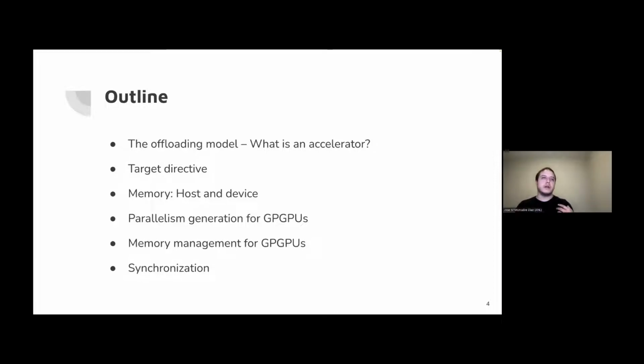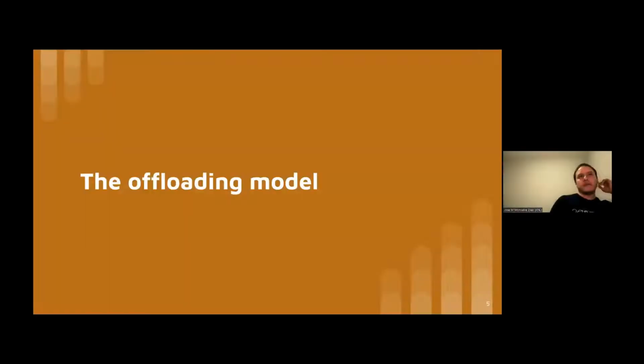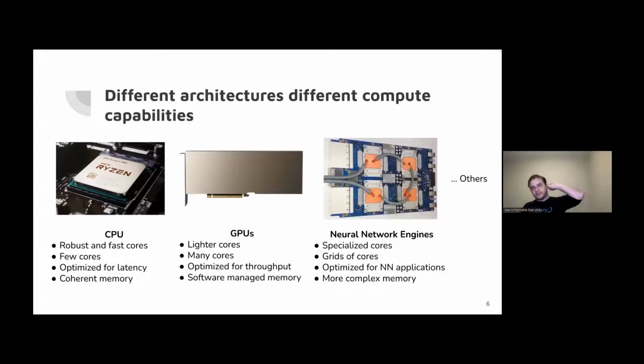Okay, so we're going to talk about parallelism generation in GPU, memory management in GPU, and a little bit of synchronization aspects of GPUs. Okay, so the offloading model. What happens is that when you start looking at the history that I was telling earlier about computation, the beginning of the 2000s was the end of sequential computing and the beginning of parallel computing, commodity computing, meaning that it was available by many vendors and that it was easy for you to just go and get a processor that had more than one core.